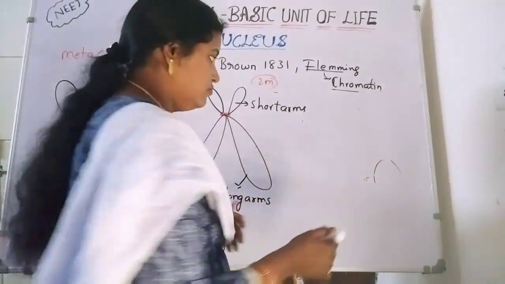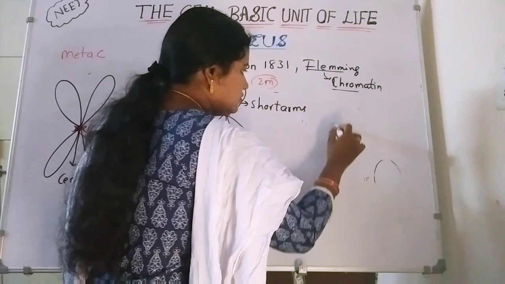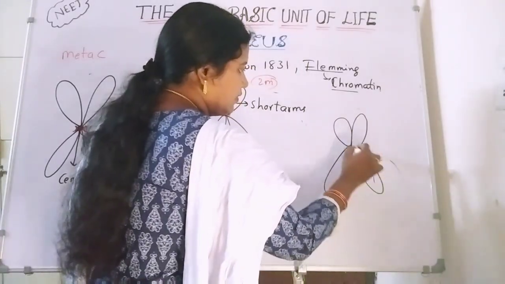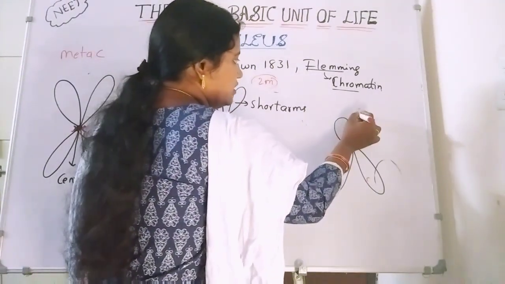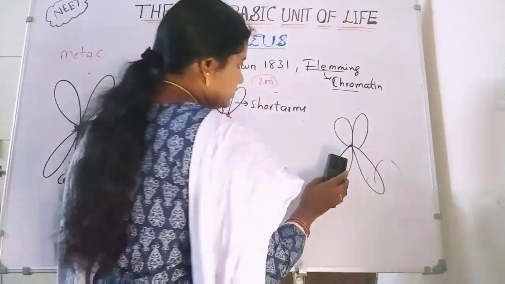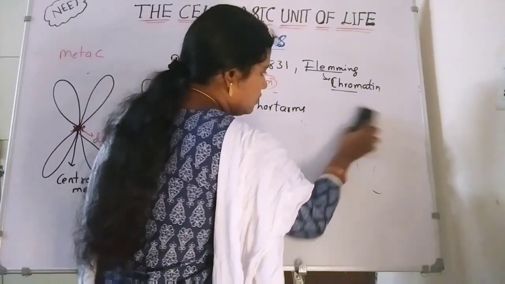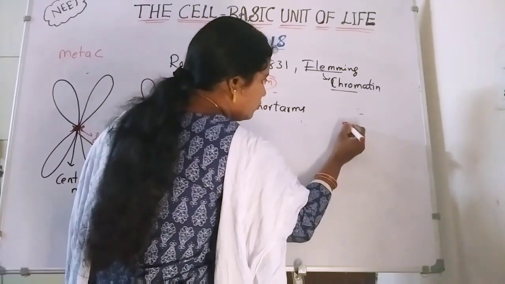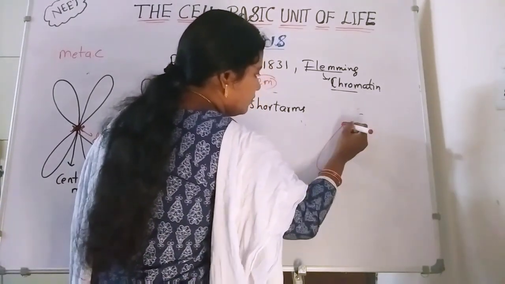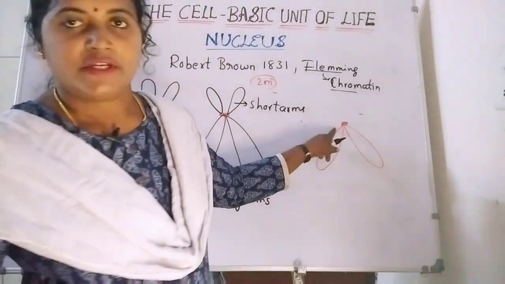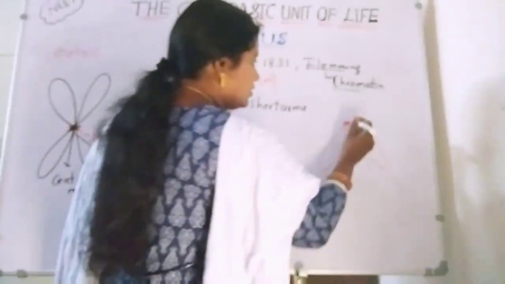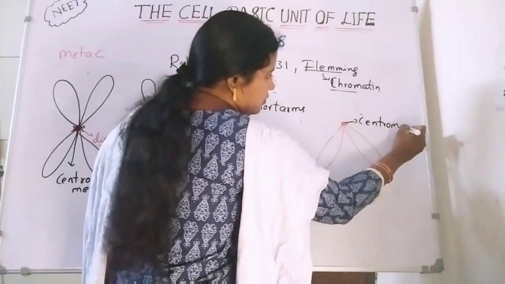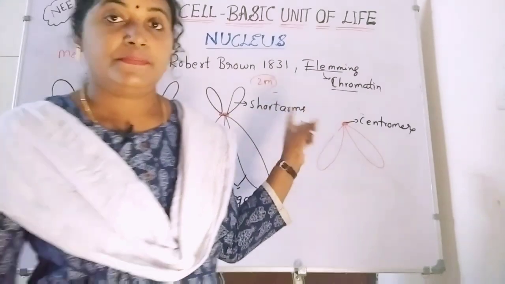Next type of chromosome, see, the centromere is at the extreme top of the chromosome, like this. The centromere is present at the tip of the chromosome.